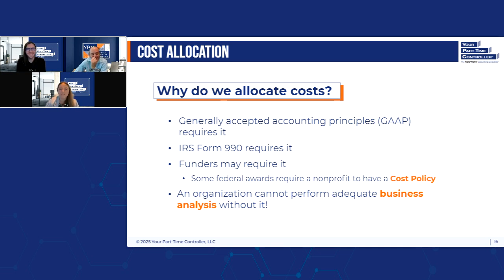But if you're interested, we have a webinar on our website from April, and it's Spring into Stability. So that's out there. We could spend a whole day talking about it. We're not going to get into that here. So anyways, you have to have that policy. And outside of that, you really can't perform adequate business analysis and have the data to effectively run your organization.